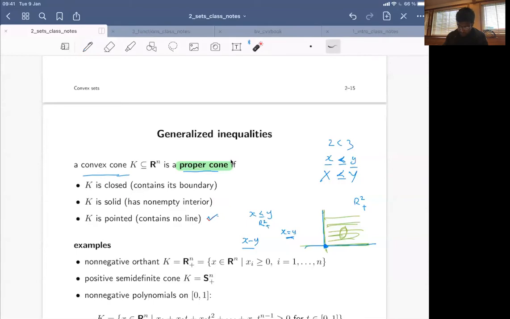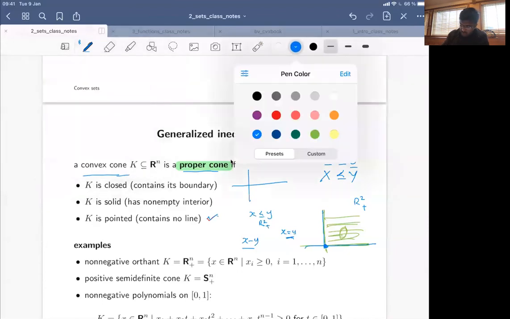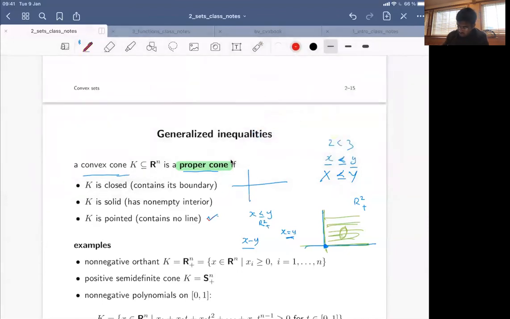Maybe we can think about a cone. I consider this as my cone. This is a cone, just a line. It has empty interior.